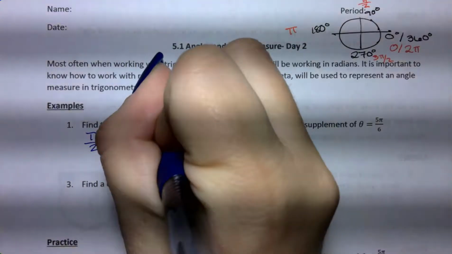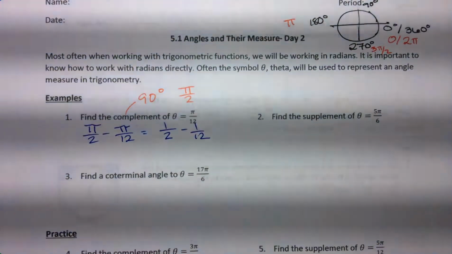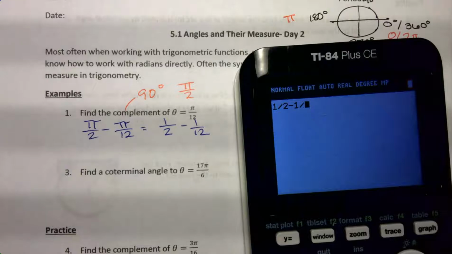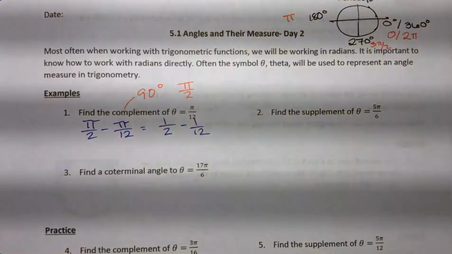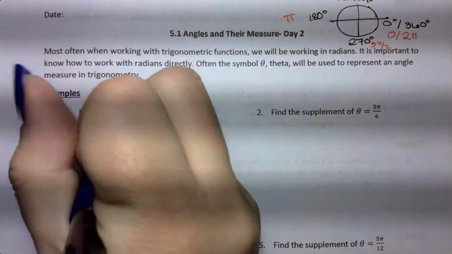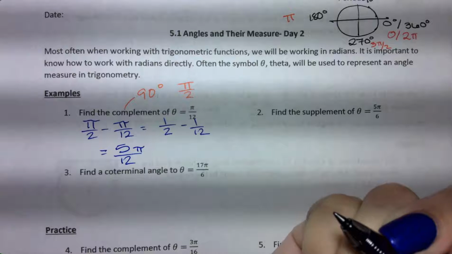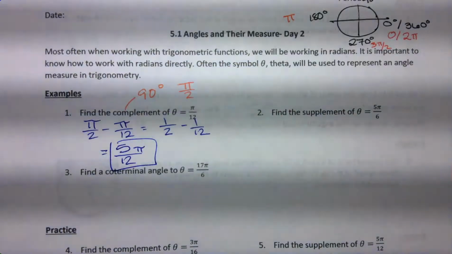So what I'm going to type into my calculator is 1/2 minus 1/12. And then I want to turn this back into a fraction, which gives me 5/12. So when I get this answer, I want to remember I took out a pi when I was typing it in, so I need to put that pi back on the top where it belongs for my final answer.